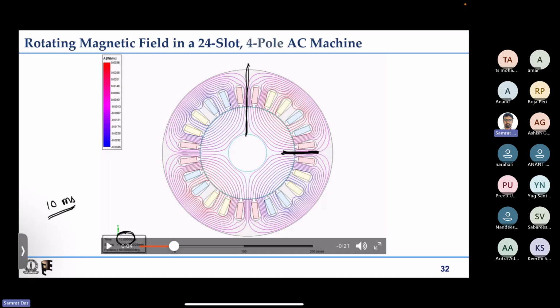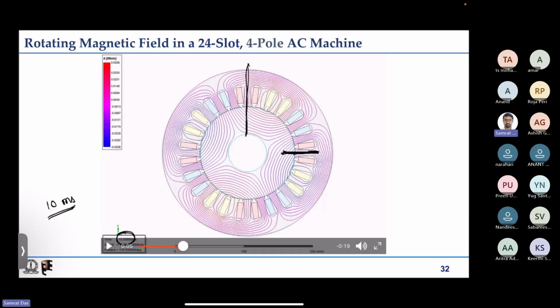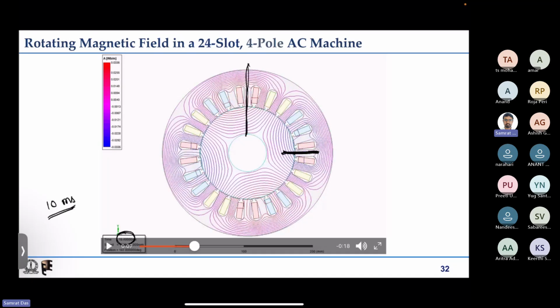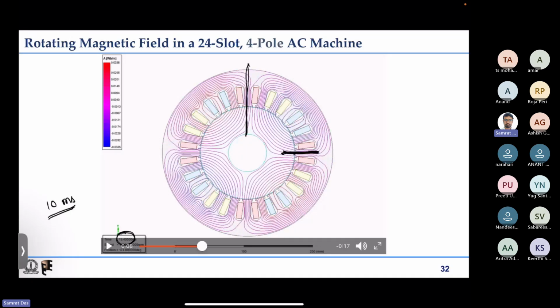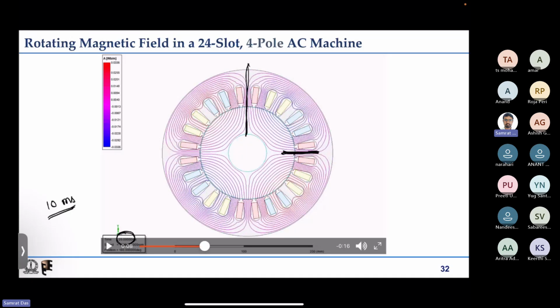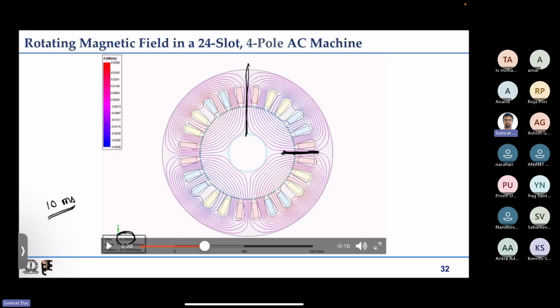Now I'll further move ahead in time. So you can see that it is rotating, and now it has completed 180 degree of rotation. It has reached here, and the corresponding time is actually 20 millisecond, right?